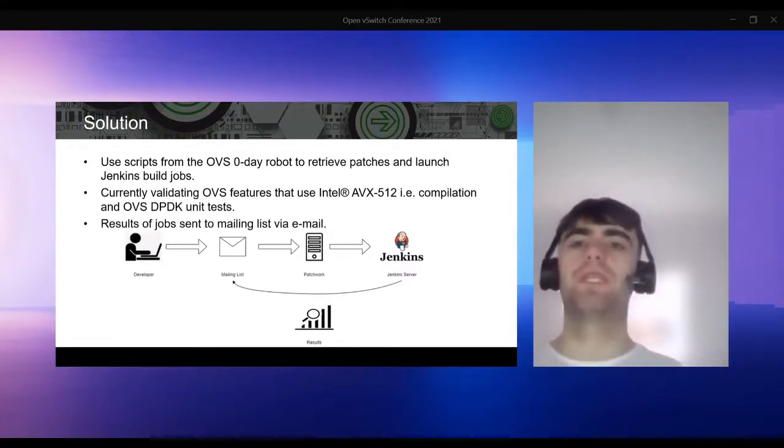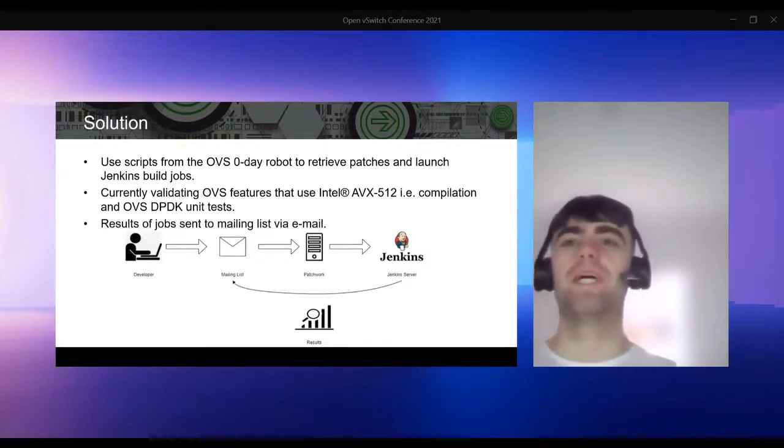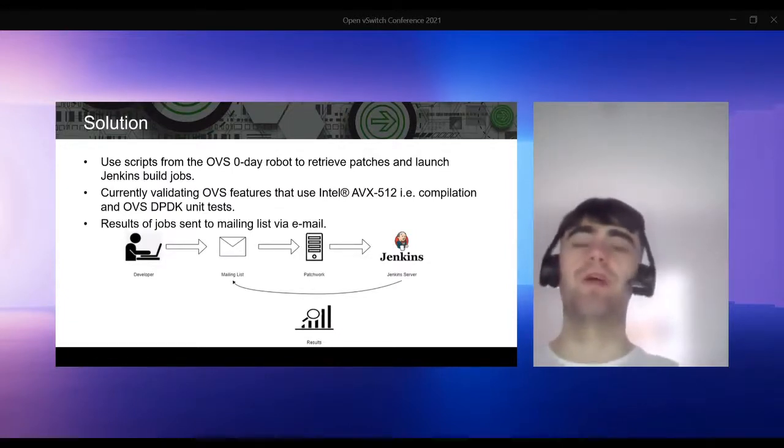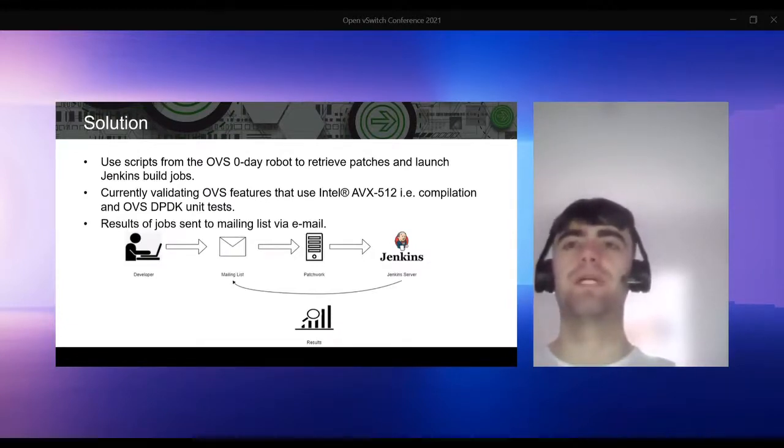So these jobs are very similar in how they are run. First of all, they will take the series ID as a parameter. It will then download the series and apply it to the local Git repo before building OVS with the specified configuration. And if building is successful, it will run the OVS DPDK unit test to test the required functionality.